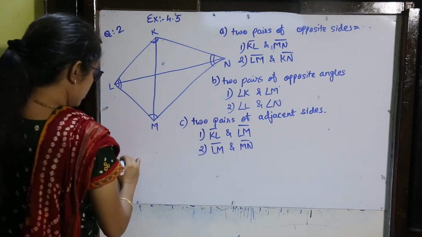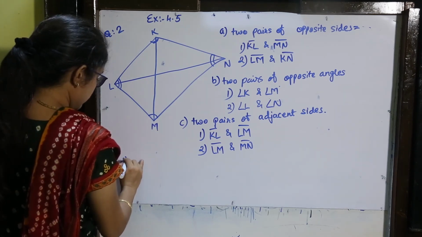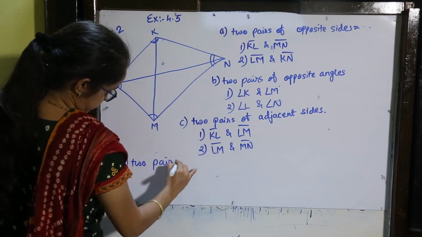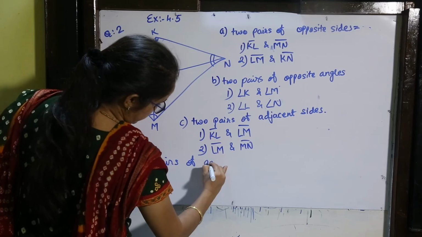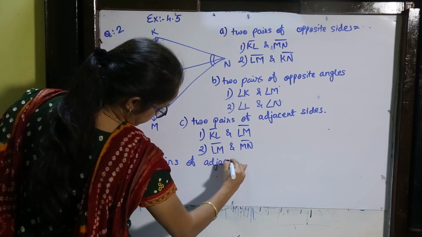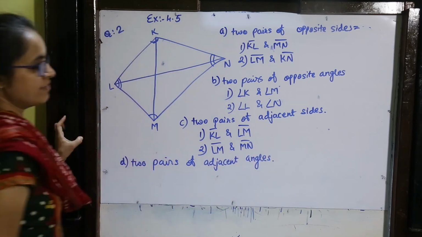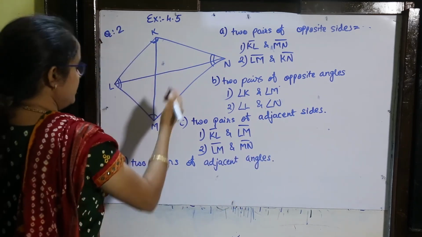Now two pairs of adjacent angles. In these two pairs of adjacent angles, you can take any two pairs.